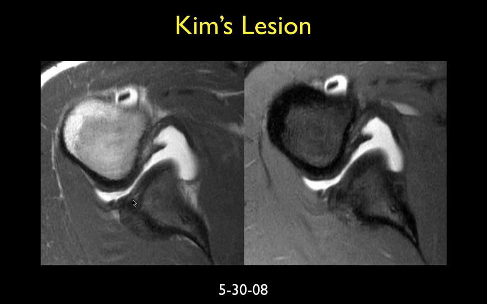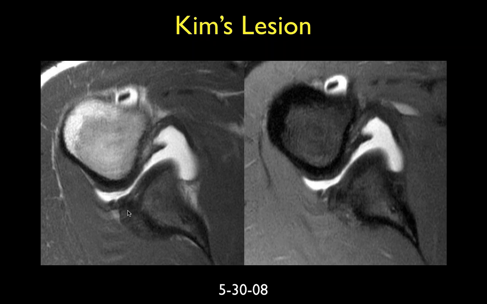I don't know of any great papers in the literature which have correlated MR findings with what have been Kim lesions at the time of surgery, but here we can see that there's some signal change within the labrum. We can see that the underlying subchondral bone is rounded off, so you would guess that it would be unstable.